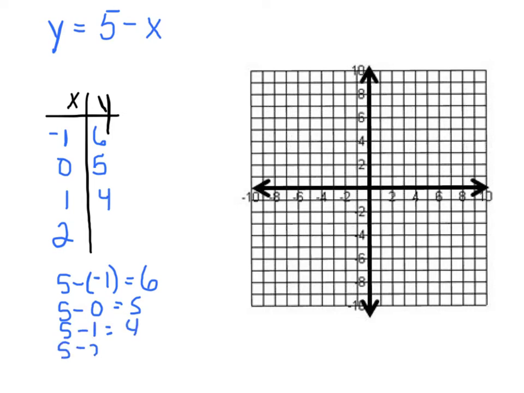And 5 minus 2 would then give me 3. So when I go through the points, -1, 6 is here, 0, 5 here, 1, 4 here, 2, 3 right here. And then I'll go ahead and connect the dots.